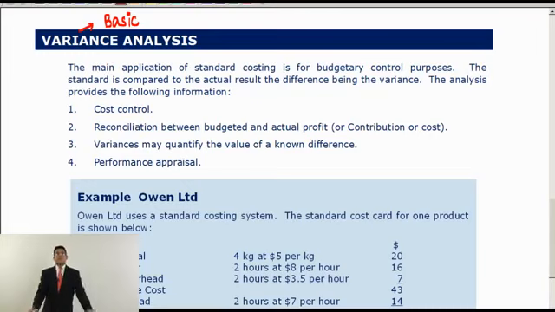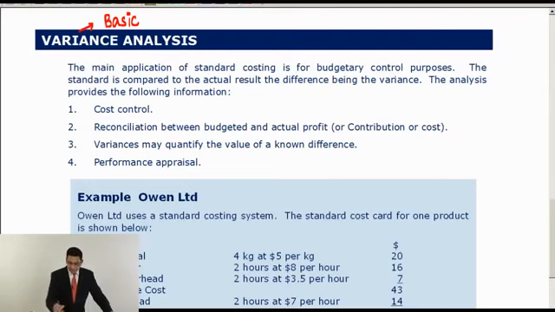So variance is simply a monetary difference between budgeted results and actual results. So variances are simply monetary differences between standard results and actual results, meaning what was the standard cost and what was the actual cost, what was the standard revenue, what was the actual revenue, and the difference between the two is called a variance.